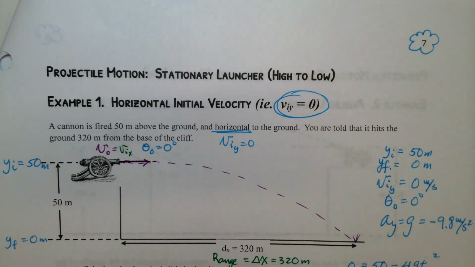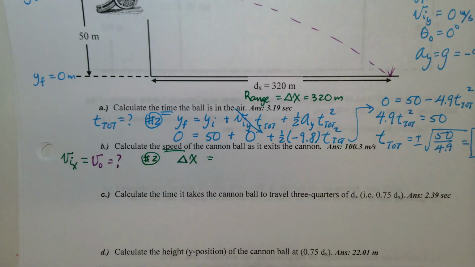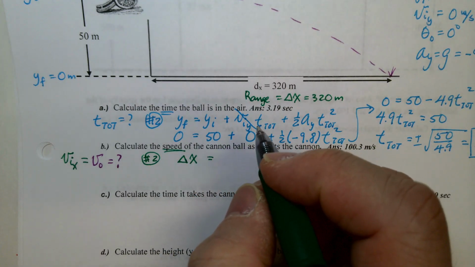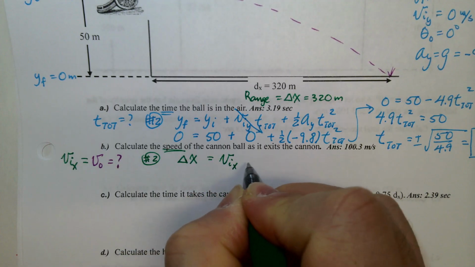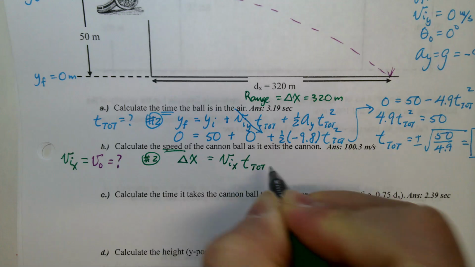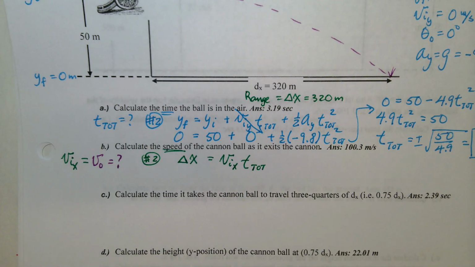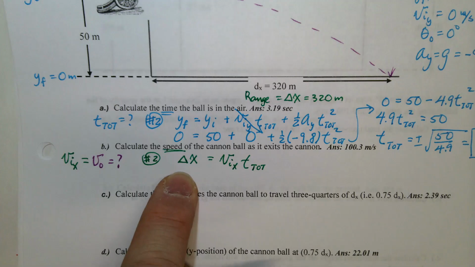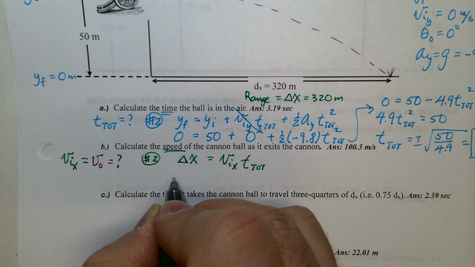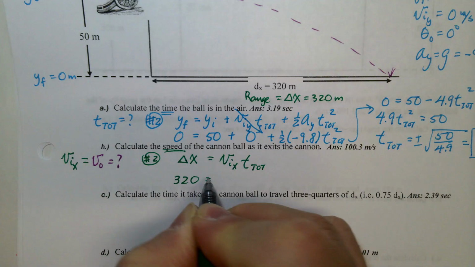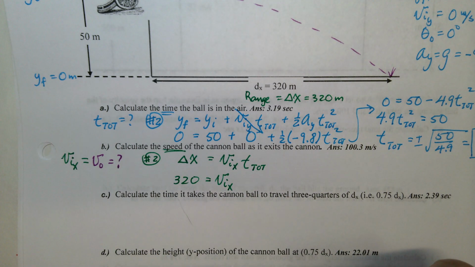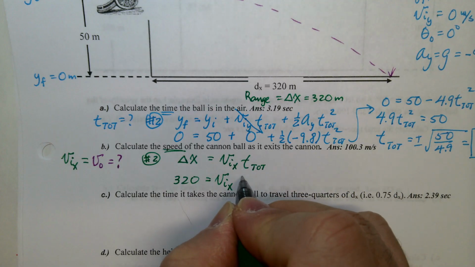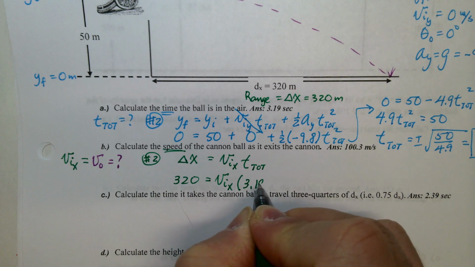So my delta X, which is the range, is equal to VIX times T total. So we already know what delta x is, and delta x is 320 meters, and we're looking for VIX. We already know T total, which is 3.19 seconds.